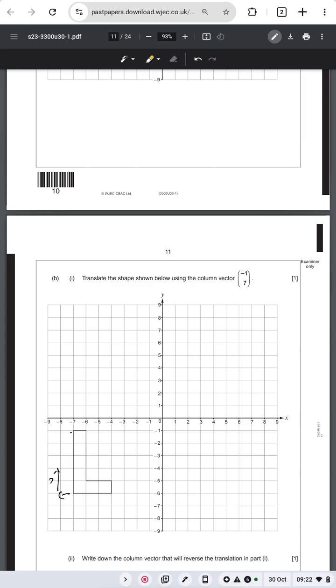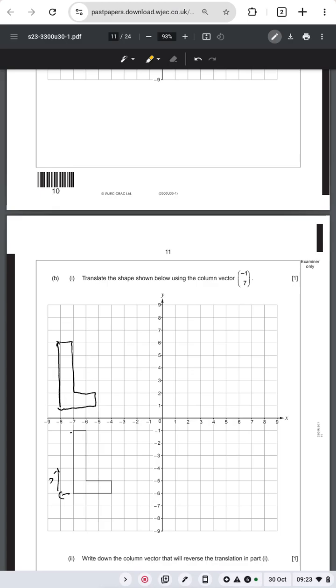So this is at minus 1. So if we add 7 to it, it's going to go to 6. But we know it's going to move also from minus 7 to minus 8. So it's going to be here. And again, we just count its 5 down. So 1, 2, 3, 4, 5. It's 3 across. 1, 2, 3. Up 1, back 2, up, and complete the L shape.